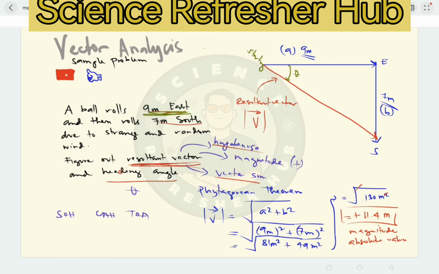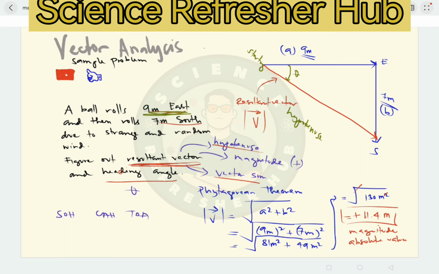We need to use that location to measure the angle from east going to south. In order to determine theta, please recall that in our right triangle, we have the hypotenuse as our resultant vector. This is our hypotenuse.